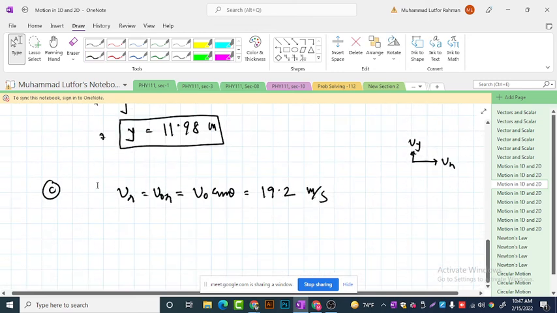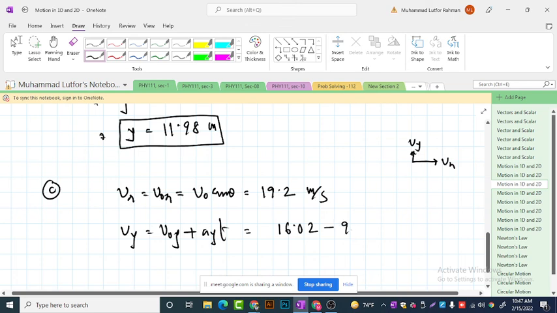Now the vy that I have to use would be v naught y plus ayt. V naught y is 16.02 minus 9.8 into 1.15. I'll find that it would be 4.79 meters per second.